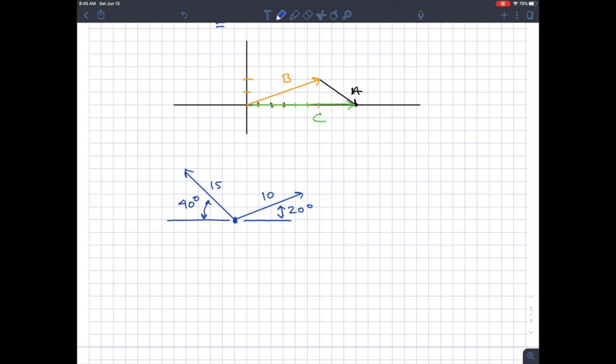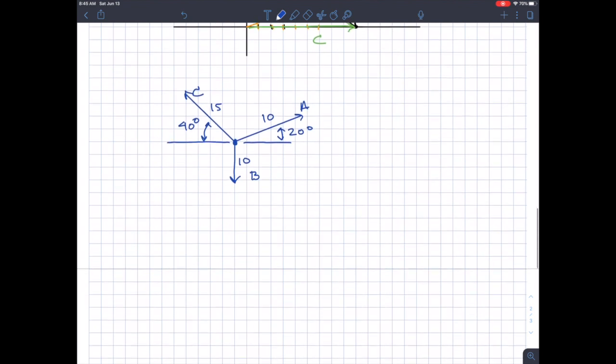That angle is 40 degrees as shown in the diagram, and then I'm going to have a third vector pointing down, and that vector is also going to have a length of 10. Okay, so we can put some labels on here. Let's call this one A, this one B, and this one C.